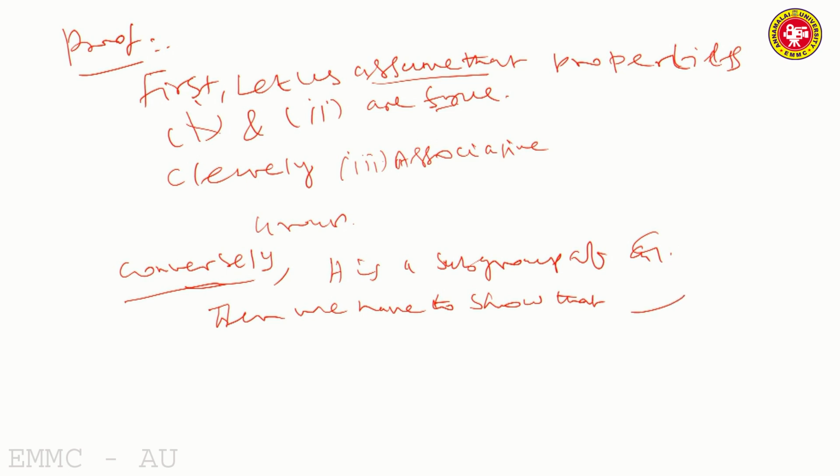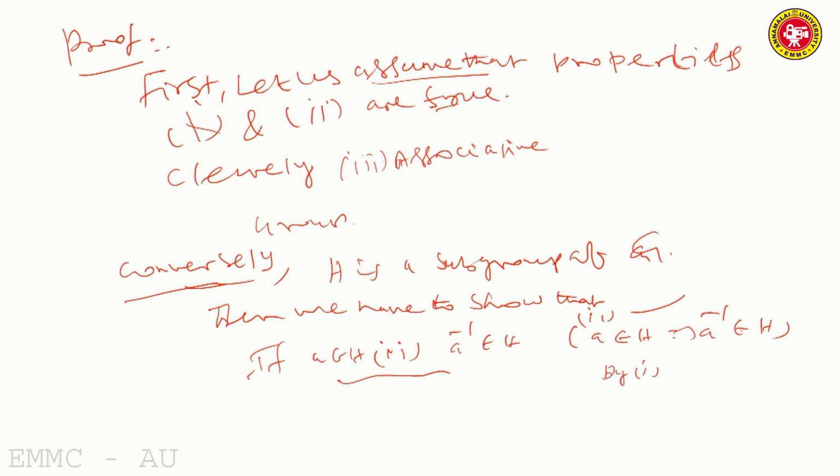So if a in H, by property 2, a inverse is also in H, since a in H implies a inverse in H. That is property 2. By property 1, a, b in H implies a·b in H. So if we connect these two things, a·a inverse is in H. So a·a inverse = e is in H. Therefore identity will hold.